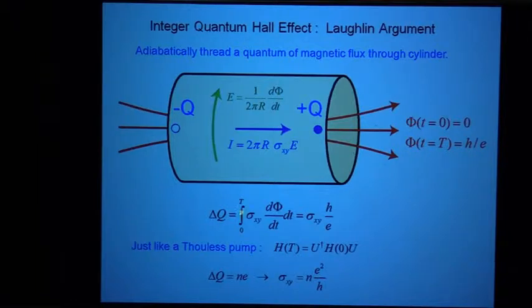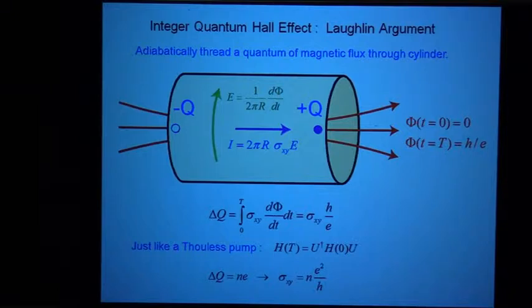Good. Okay. So what this tells us is that given a sigma xy, the change in the charge that gets pumped, or the change in the polarization of this one-dimensional system, has got to be sigma xy times h over e. And since we're coming back to where we started, the only thing you could do is transfer an integer number of electrons.